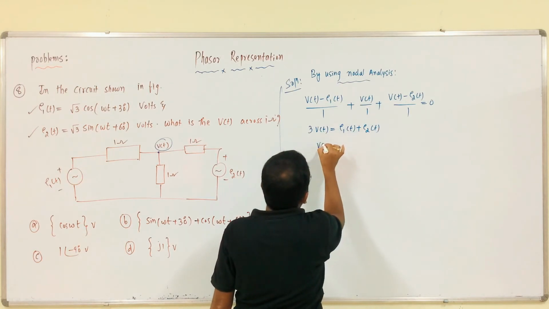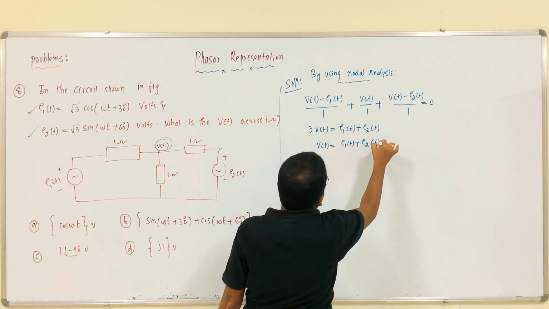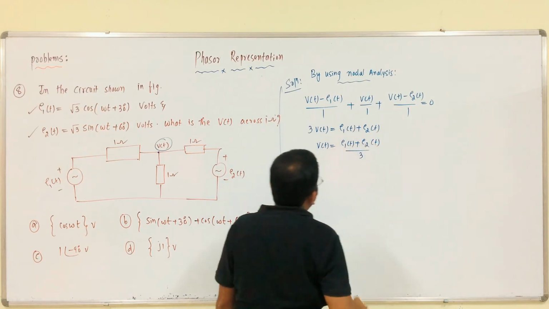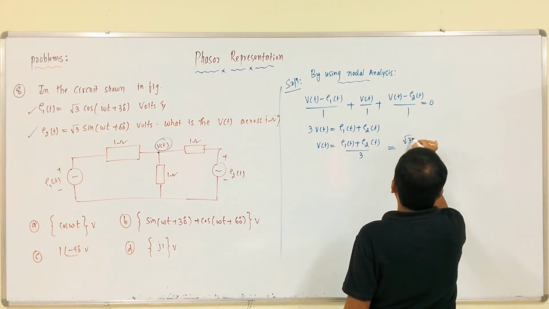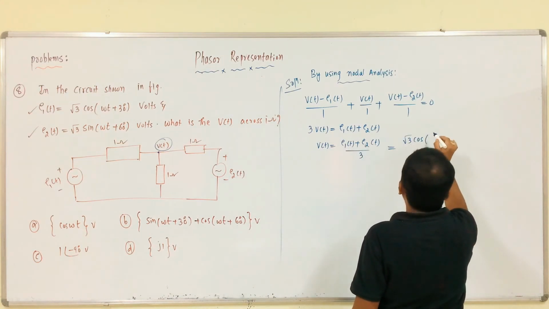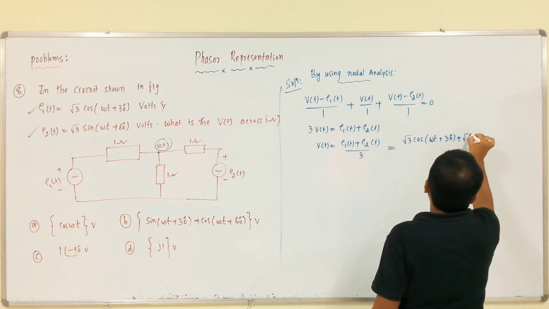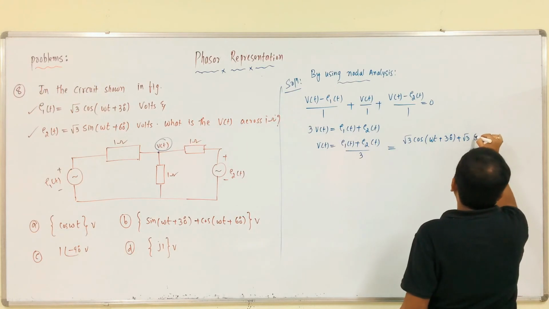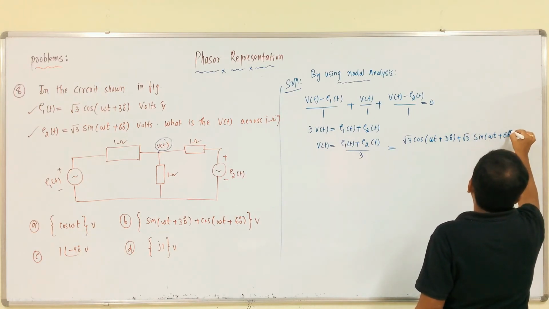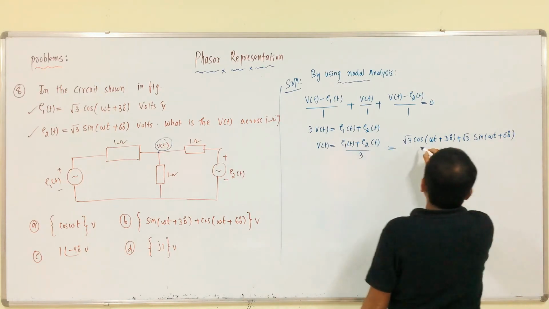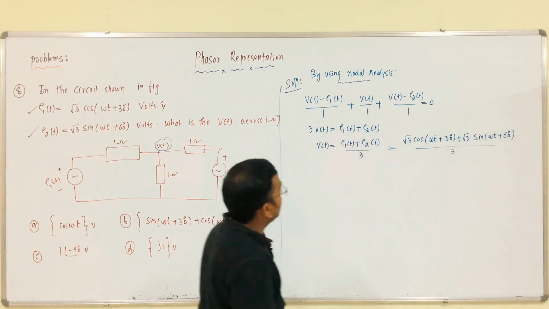So, V of t equals (E1 of t plus E2 of t) by 3. E1 of t is root 3 cos(omega t plus 30), and this is root 3 sin(omega t plus 60), all by 3.